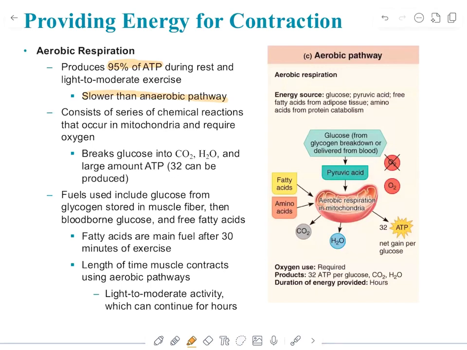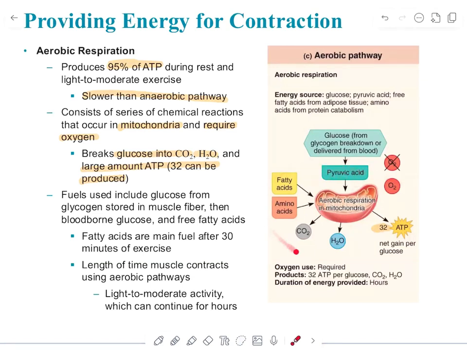It consists of chemical reactions that occur in the mitochondria and require oxygen. It breaks glucose down into carbon dioxide, water, and large amounts of ATP, which would be 32 total ATP. This part right here we see in anaerobic respiration, except the pyruvic acid is converted into lactic acid.